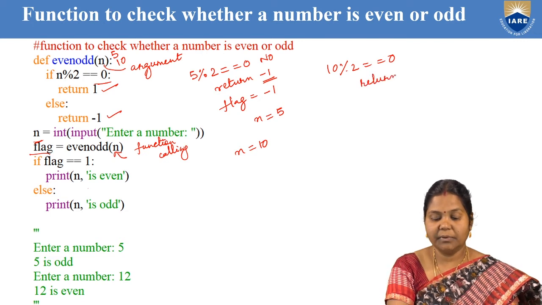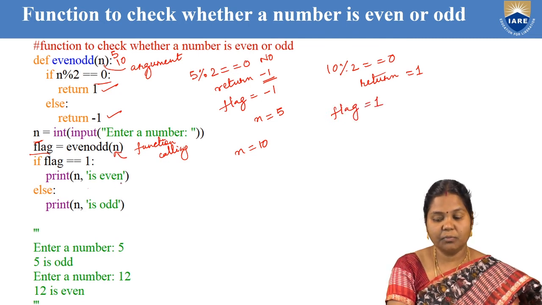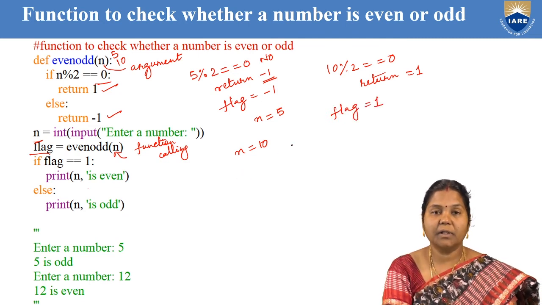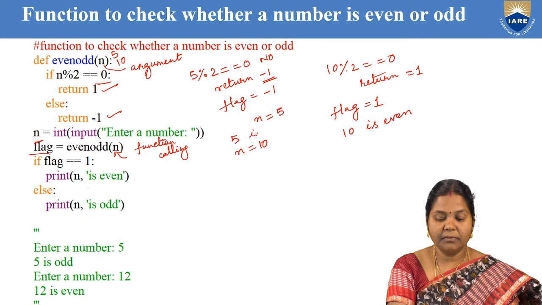So the return value will be 1. So if the return value is 1, then flag contains 1 over here. So if flag contains 1, then it will print that 10 is even. In the earlier example, it will print 5 is odd.